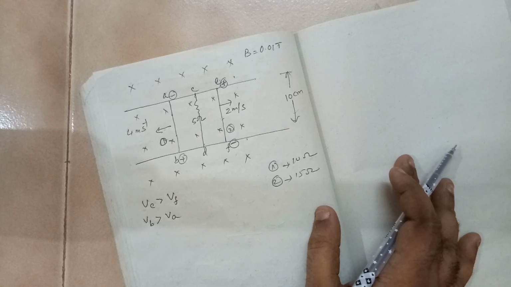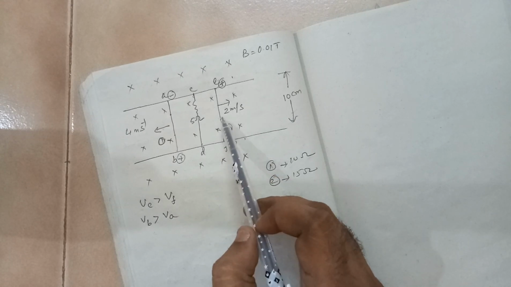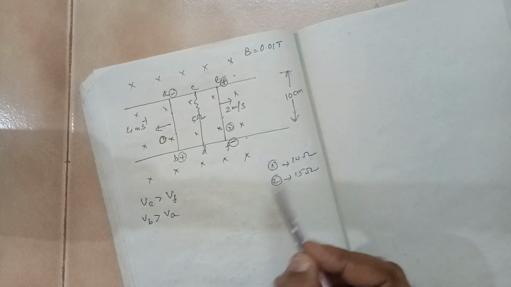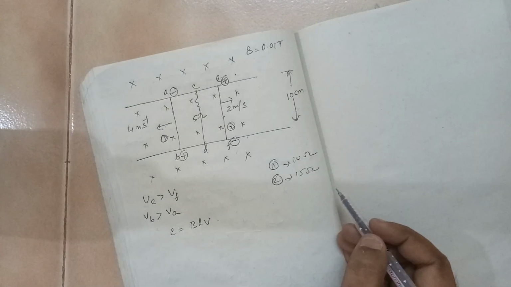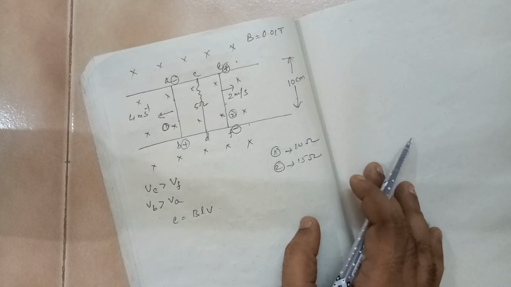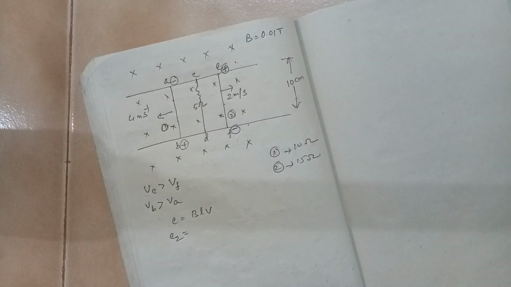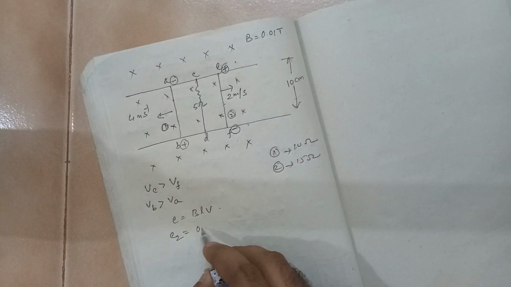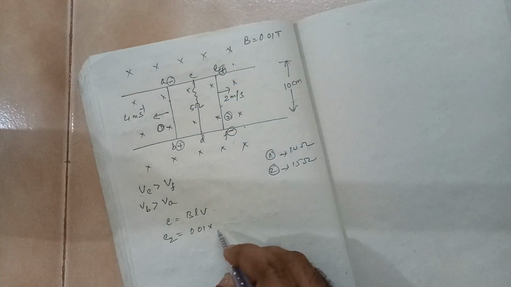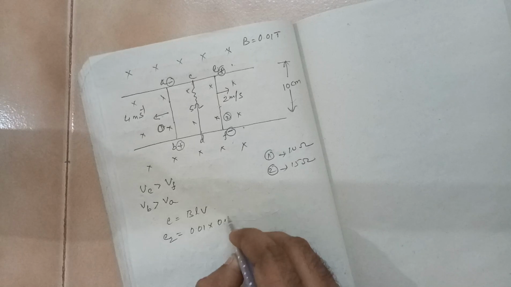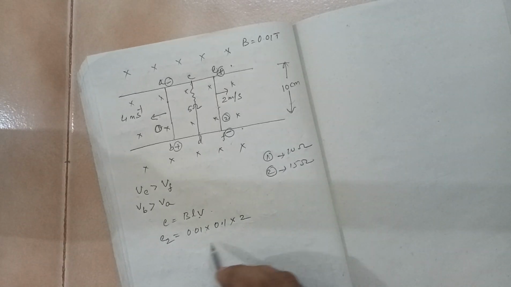It is induced because you have a movement of the rod inside a magnetic field, so that motional EMF is given by BLv. So for this rod, we will call this E2, B is given as 0.01, L is this length, 10 centimeter, which is 0.1, and speed is 2 meters per second.